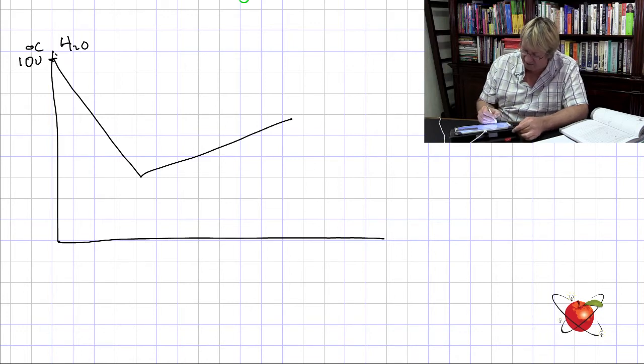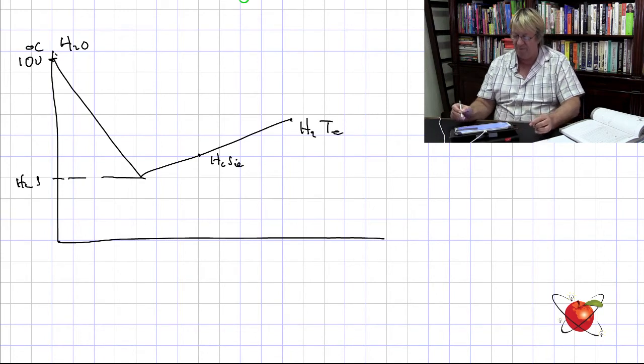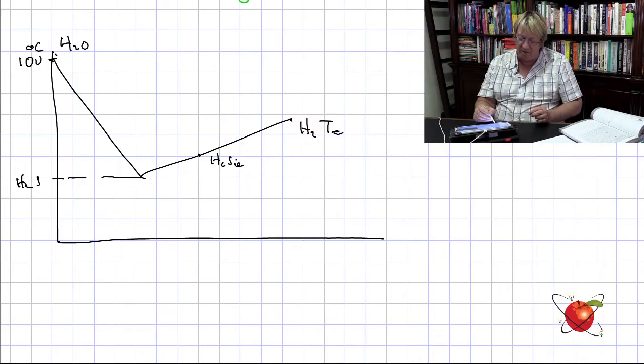And then down here, they give you H2S, H2Se, and H2Te. Now, they say to you, but hold on. Have a look at the periodic table when you're doing this one, right?